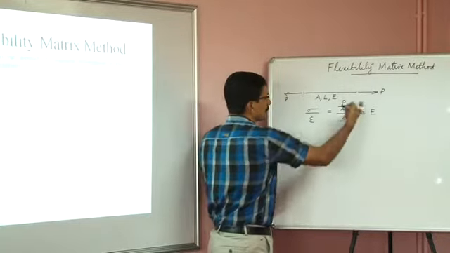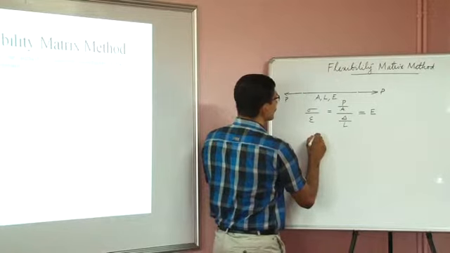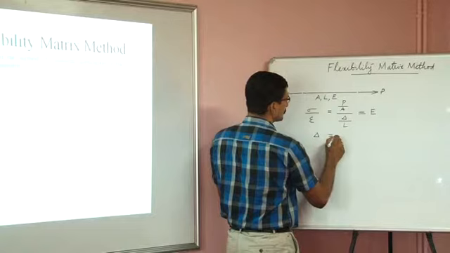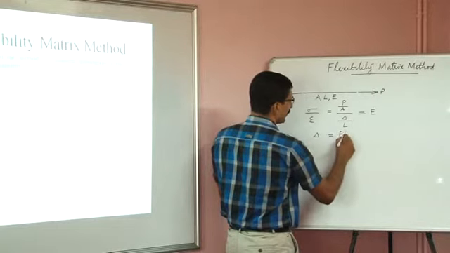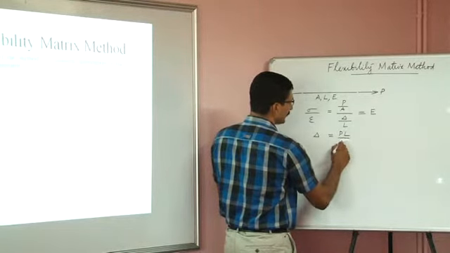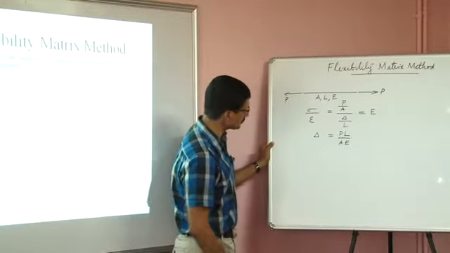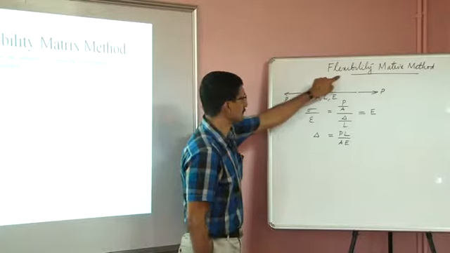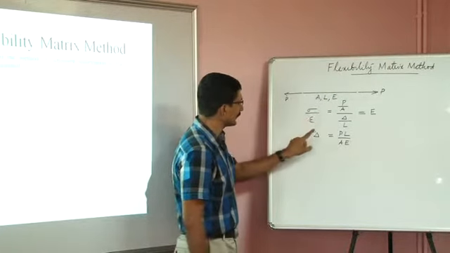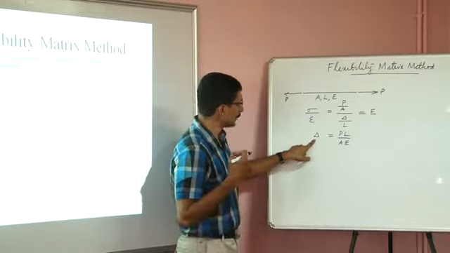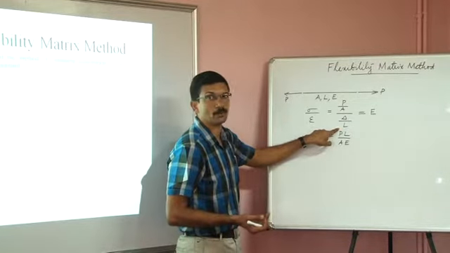Using this, we can write the deflection delta is equal to P into L divided by AE. Now, flexibility is defined as the deflection in a structure due to the application of a unit point force.